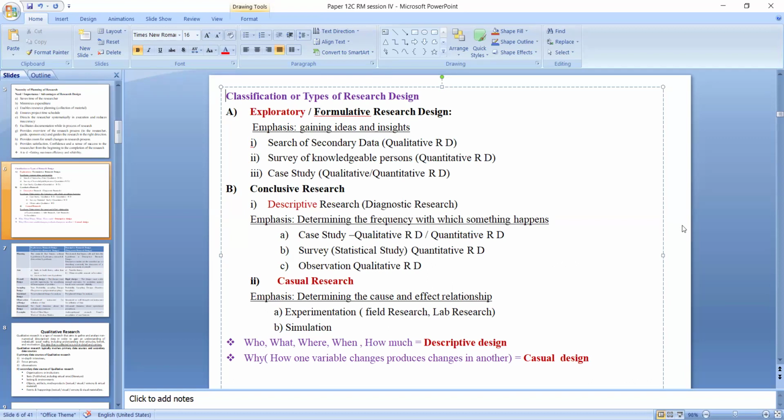You start from the concept to context and go to the application and understand the challenges. You are doing the search of secondary data, and it is called as qualitative research design under exploratory. I hope your eyes are on the slide so that you won't be confused.